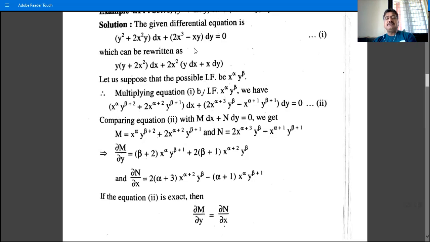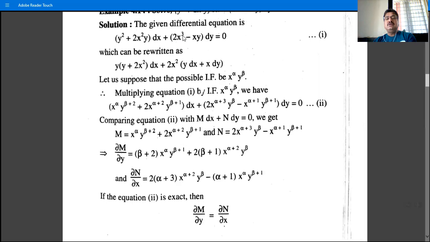So multiplying equation 1, this given equation, by x^alpha y^beta, we have x^alpha y^beta times y^2, which is x^alpha y^(beta+2), since for the same base the powers add. Then x^alpha times 2x^2 y is 2x^(alpha+2) y^(beta+1) dx.